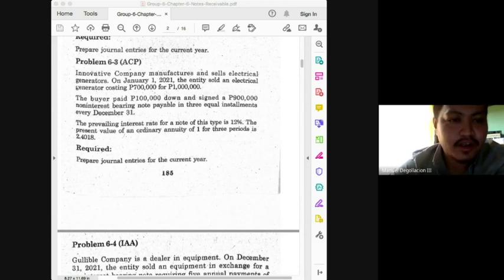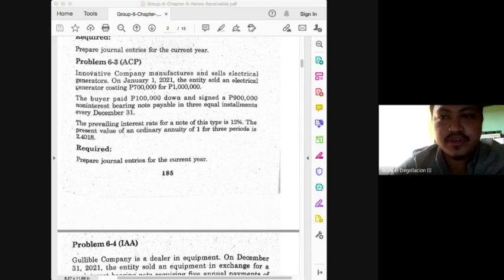For example, how much was our unearned interest income last year? It was 92,995. And how much have we earned this year? We have earned 60,841. So that means the remaining unearned interest income after 2 years would be 32,154.